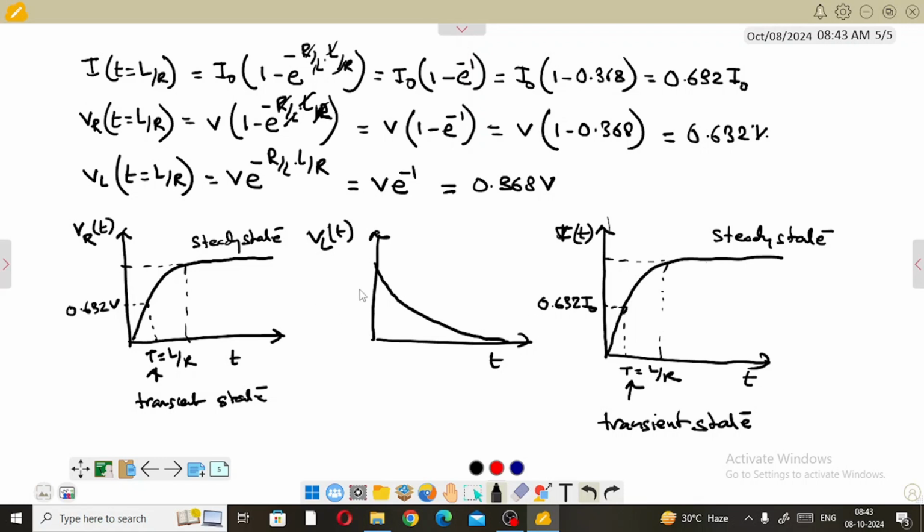So from these characteristics, we can state that at steady state, the voltage across inductance becomes 0, and the current flowing through the circuit is maximum current, that is V by R, I0. And another thing which we can say overall is that at steady state, when I apply a DC voltage to an RL circuit, the inductor becomes short circuited, and the voltage drop across a short circuit is zero. So at steady state, the VL becomes zero.